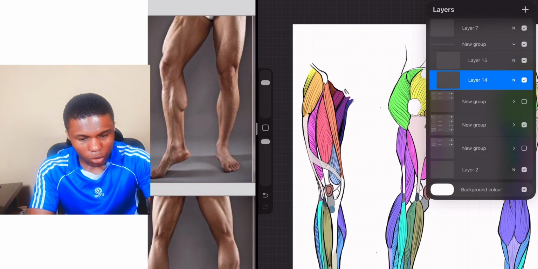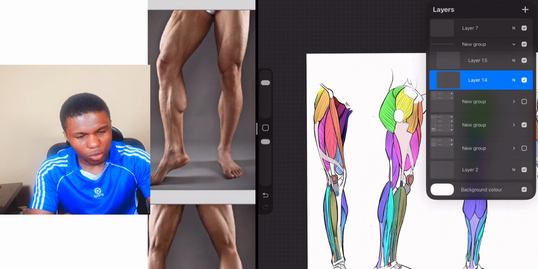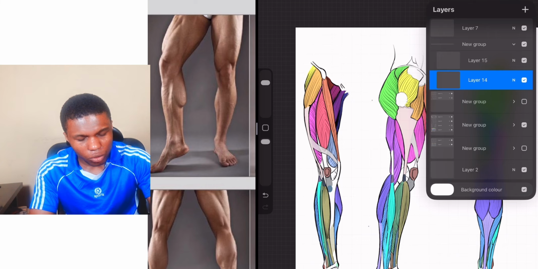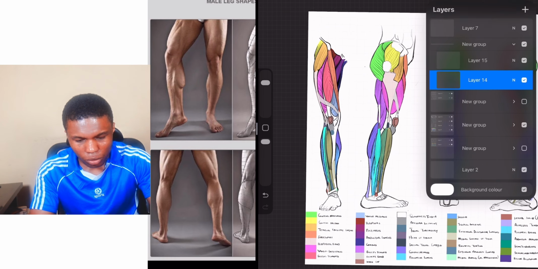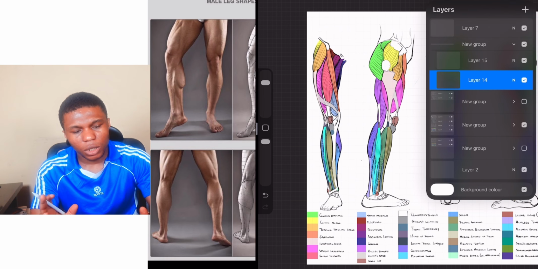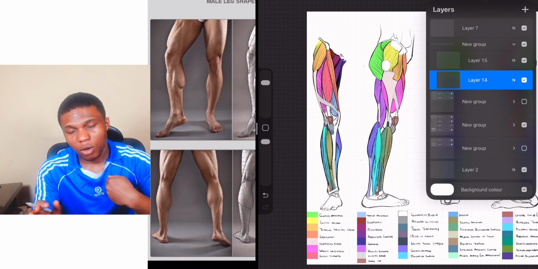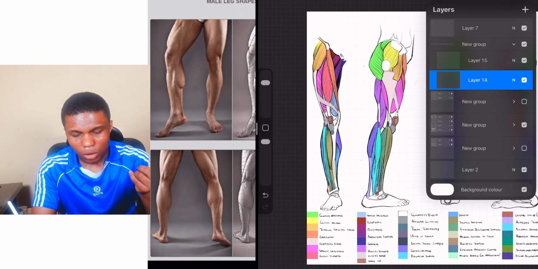So like the quad muscles, the sartorius, I believe, and then the muscles in his inner leg, and then the calf muscles, and just use simple shapes to break it down in a way that is convenient and comfortable for you. So that's one thing you can do.